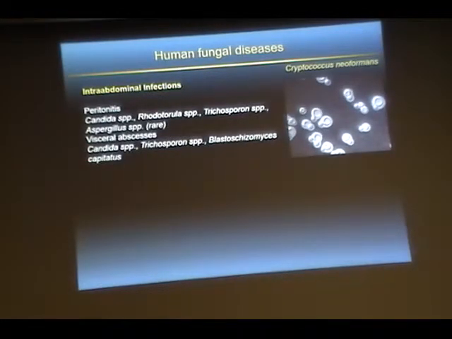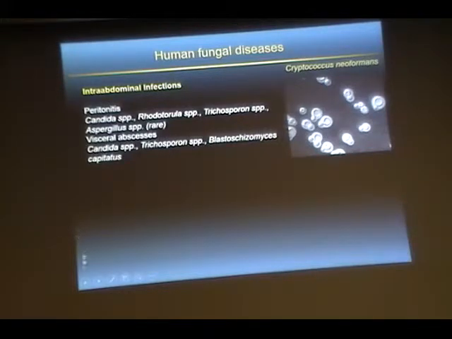And intra-abdominal infections again can be caused by fungi. Peritonitis is an inflammation of the membrane covering all the abdominal organs, called the peritoneum, and that can get infected and inflamed.